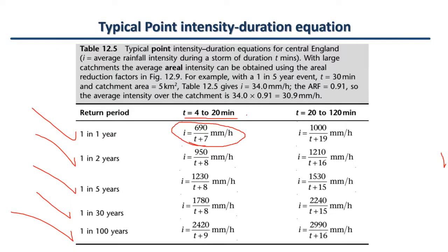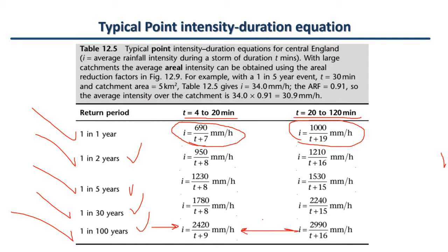If the duration is between 4 to 20 minutes, it's got this formula. If 20 minutes to 2 hours, it's got this formula. And with the following return periods, 2 years, 5 years, 30 years, and 100 years, you use the relevant formula.